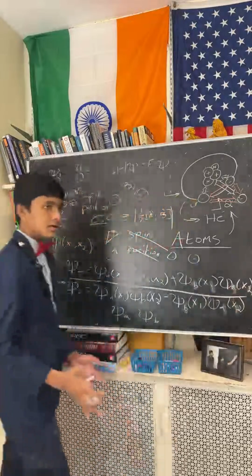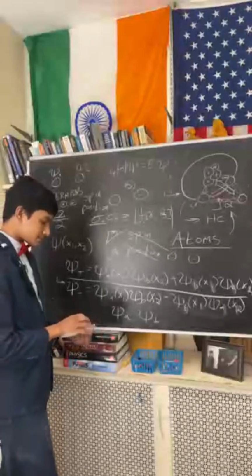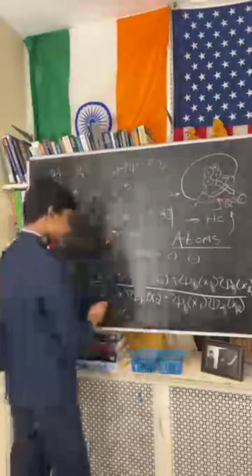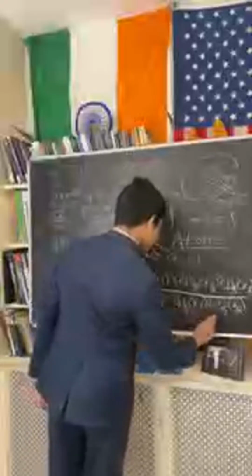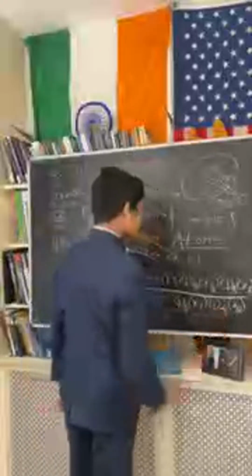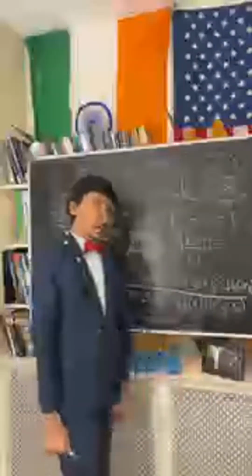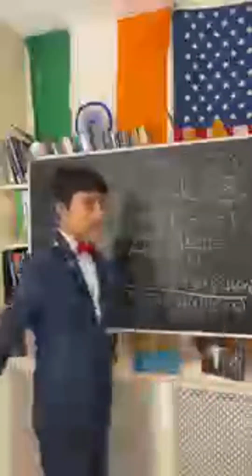For a fermion, that means psi a x1, psi a x2 minus psi a x1, psi a x2, and the wave function will collapse. That's not good, because that means the particles never existed in the first place. Not just that, it's not normalizable, and non-normalizable wave functions, as we know, don't mean anything.